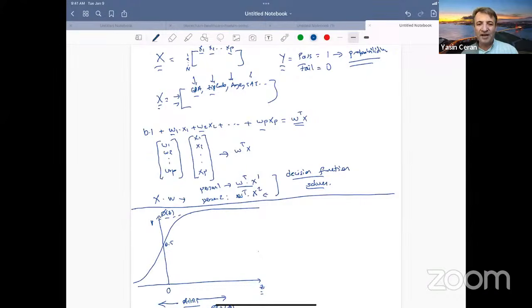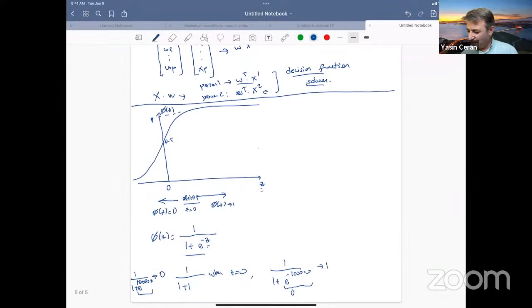So then I am using this function to squeeze in my decision function value in between 0 and 1, so that I'm mapping my decision function value to a value between 0 and 1, which is going to look like probability. Here, z is going to be W transpose times X. Again, W is my coefficients or weights.